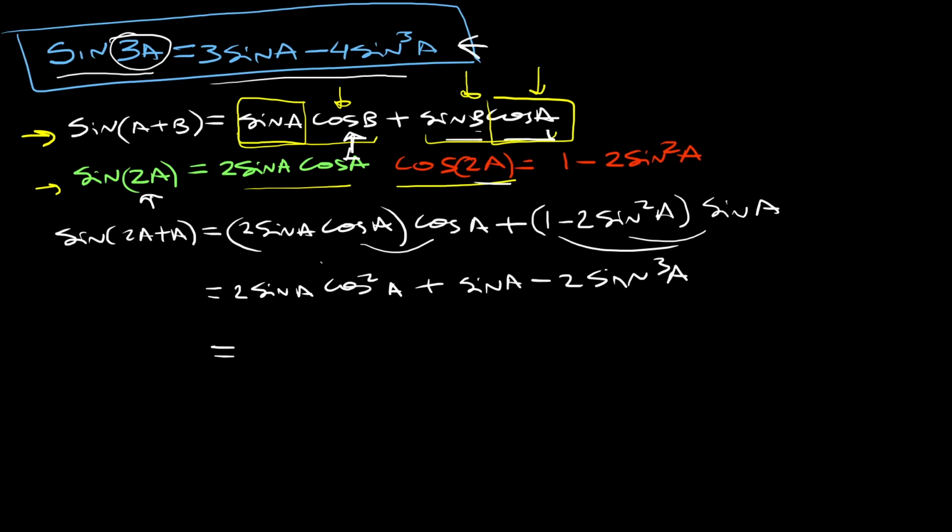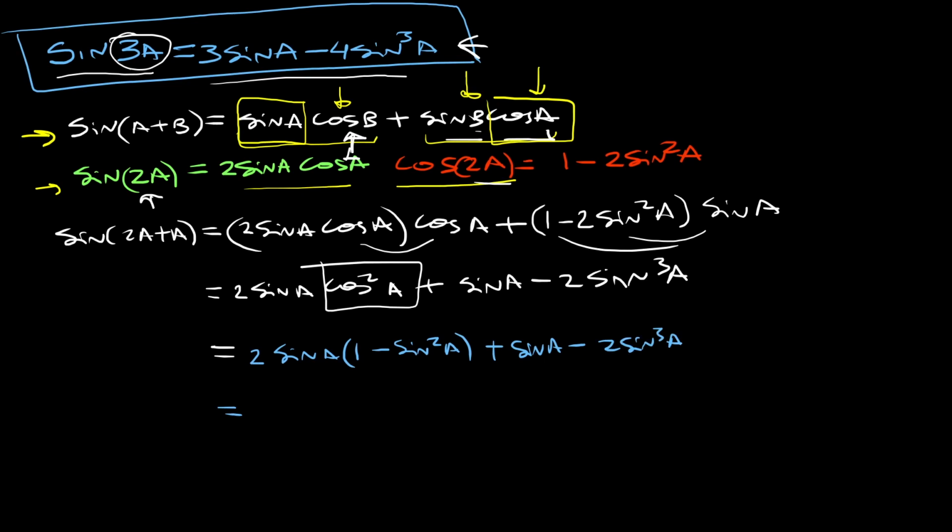And we also notice that we can use a trigonometric identity in order to get to the final term. Cosine squared of a is the same thing as having 1 minus sine squared of a. So we have 2 sine of a times 1 minus sine squared of a, plus sine of a, minus 2 sine cubed a.